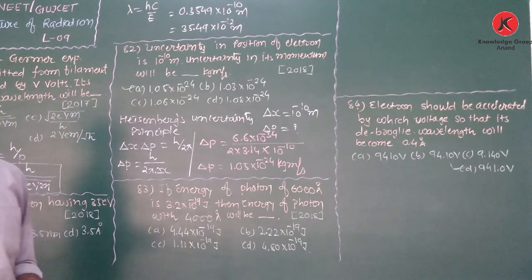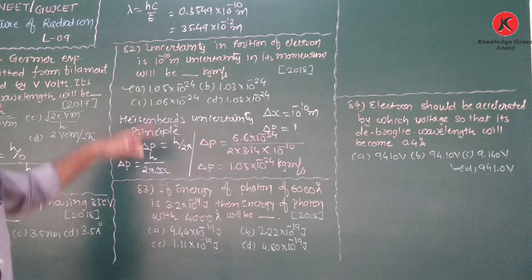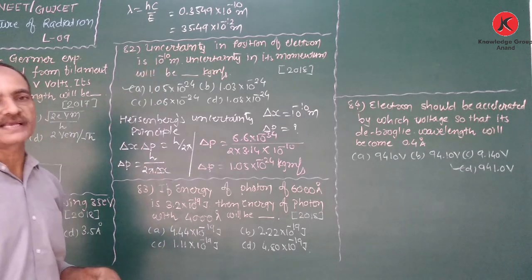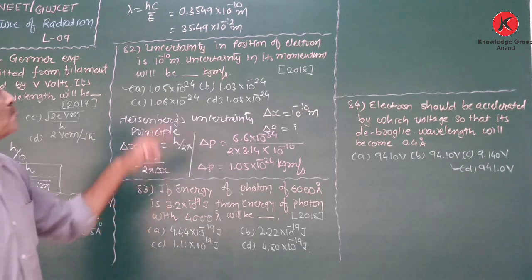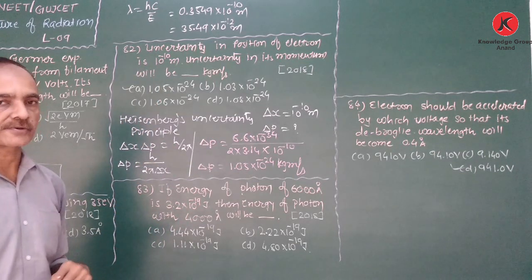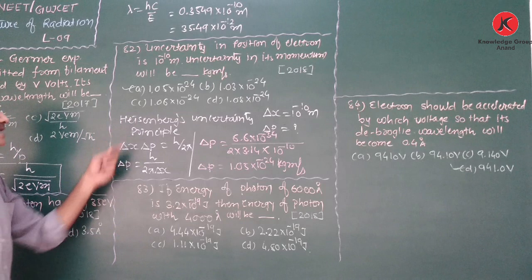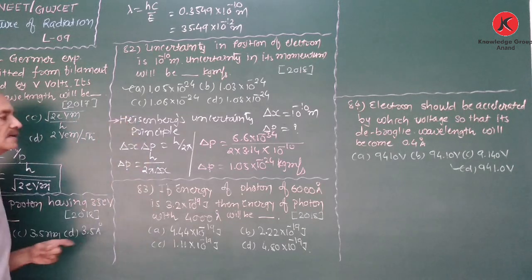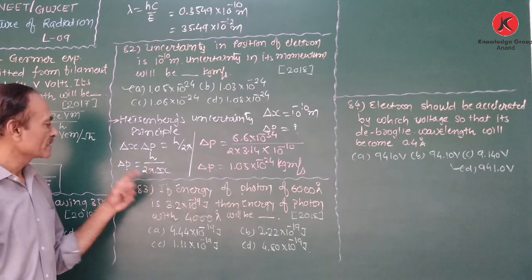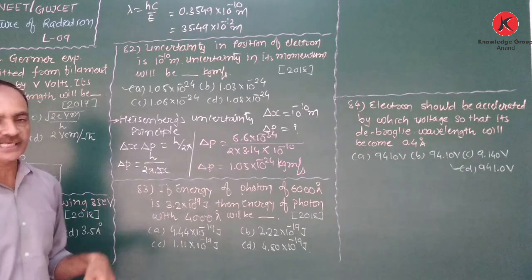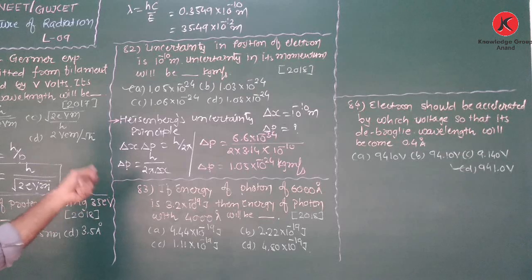Again, the uncertainty in position of electron is 10 is to minus 10 meter. Now, what is the uncertainty in momentum of an electron? So, from Heisenberg's uncertainty principle, delta x, delta p is equal to h upon 2 pi. Therefore, delta p is equal to h upon 2 pi delta x.